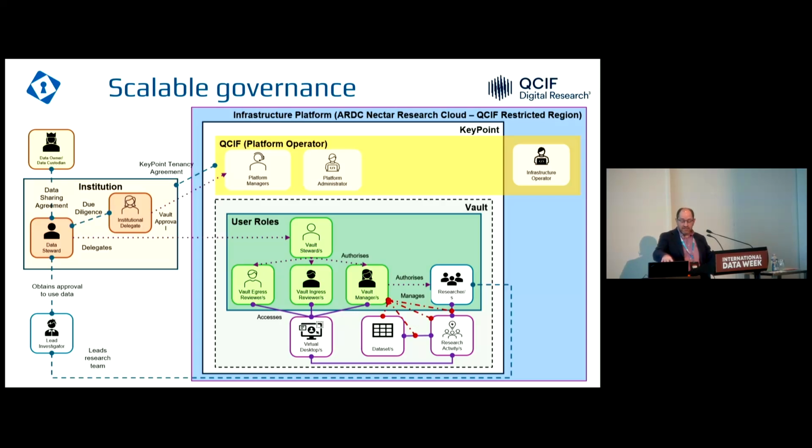They then use that same invitation process that's been used for the vault steward and for the delegates to bring in researchers specific to research activities. Once all of that's happened and researchers get onto a desktop, they will only see the data that's been connected to their research activity. So you can be in a vault and be in multiple research activities.